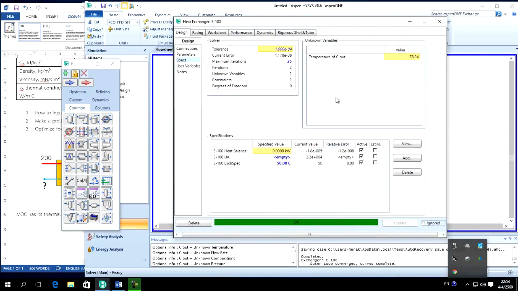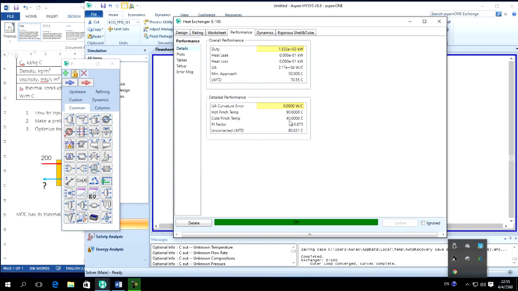The simulation has stopped now and gives us a temperature outlet of 78.24. Then let me check the performance.